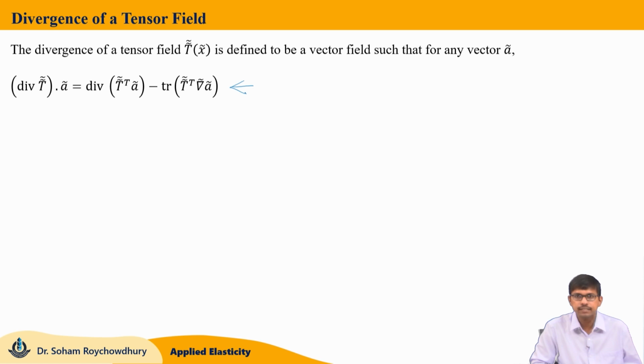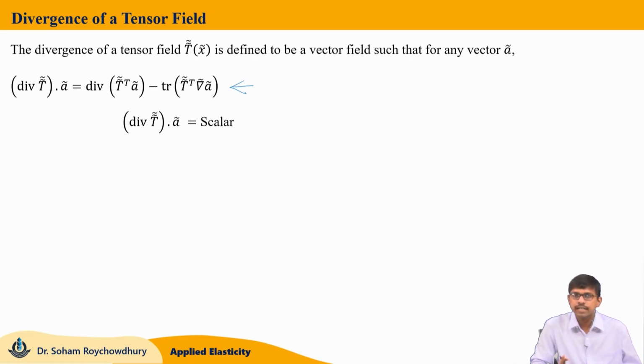Now, for simplifying this, we will take all these terms one by one and simplify them using the index notations. So, let us consider the left hand side, divergence of T dotted with A. This is a dot product of two vectors, divergence of T is one vector, A is another vector. So, that will result in a scalar.